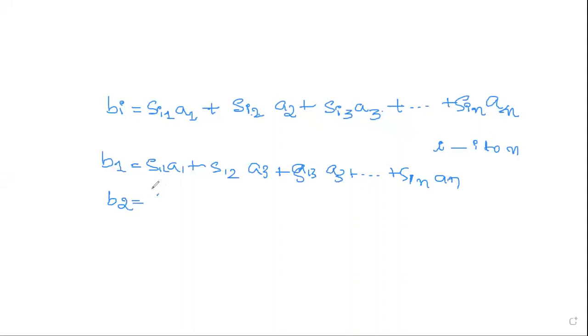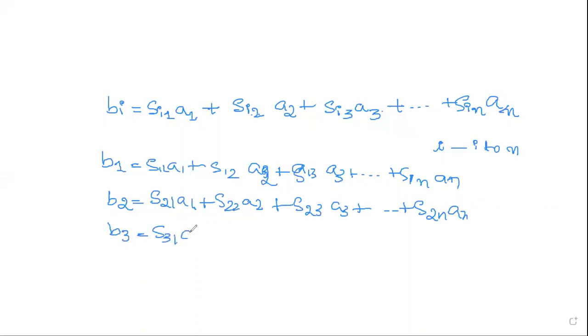If I consider B2, it will be S21 A1 plus S22 A2 plus S23 A3 until S2N AN. Similarly, for B3, it will be S31 A1 plus S32 A2 plus S33 A3 until S3N AN.